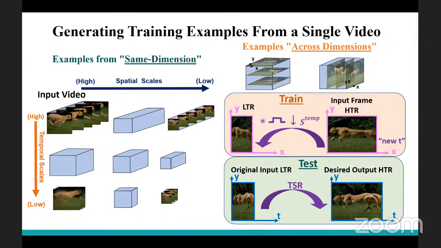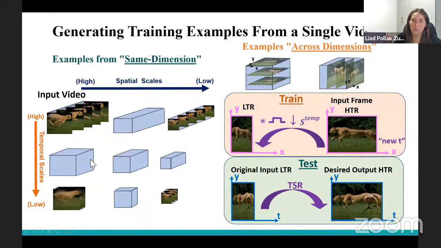Yeah. It gives different kinds of examples. You have examples with a lower spatial resolution and lower temporal resolution, and all the combinations of them. When you use both types of examples, you get a richer example bank.